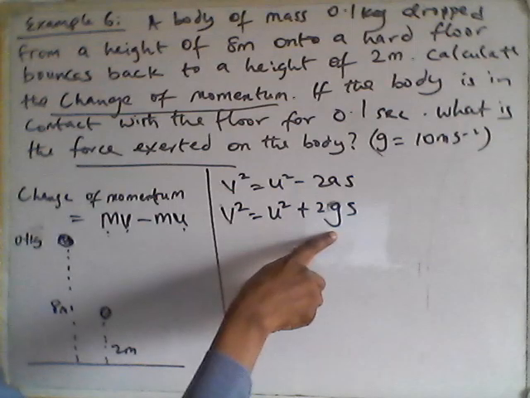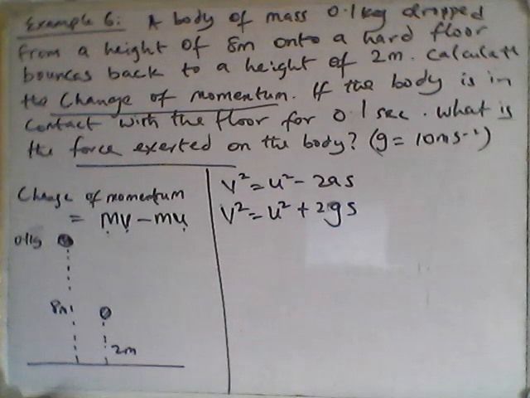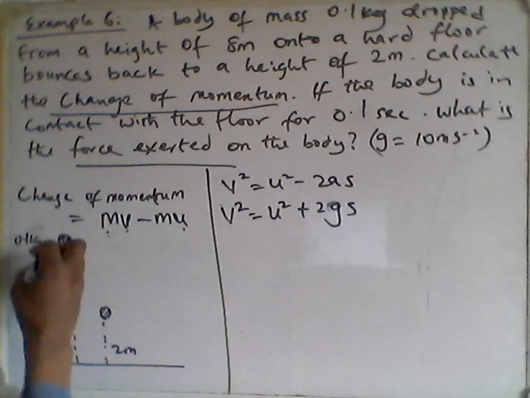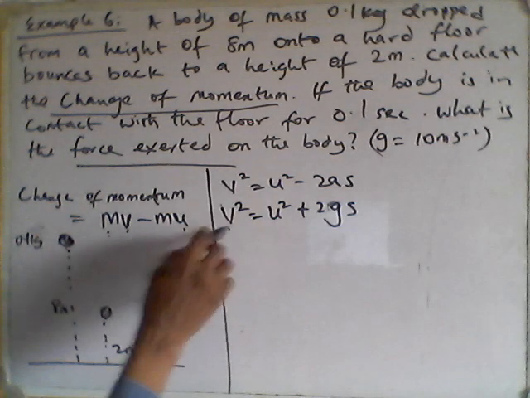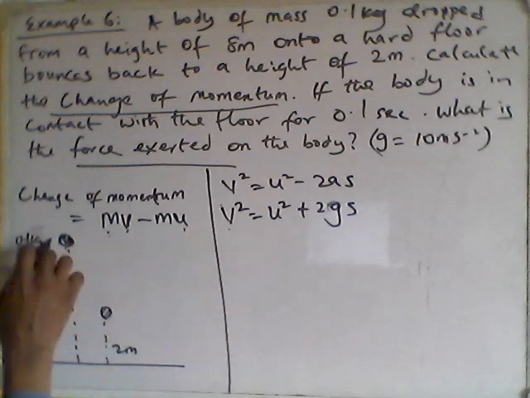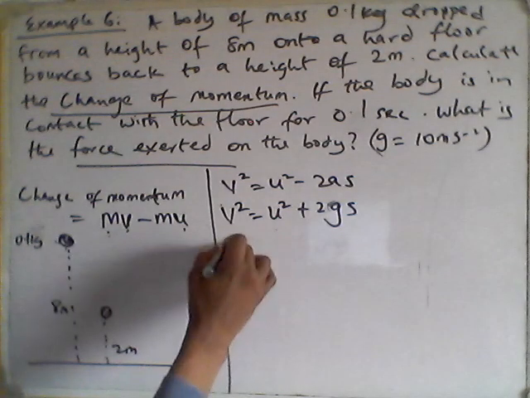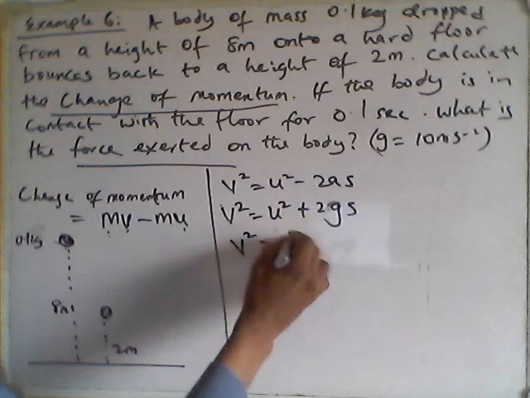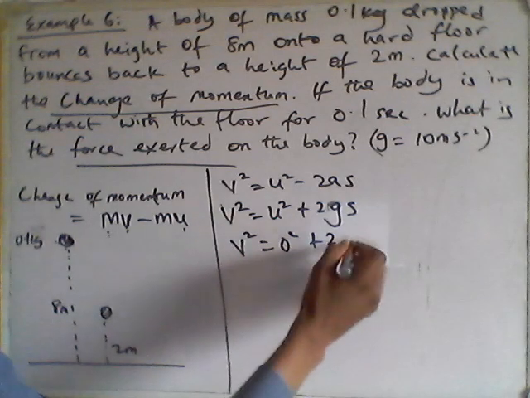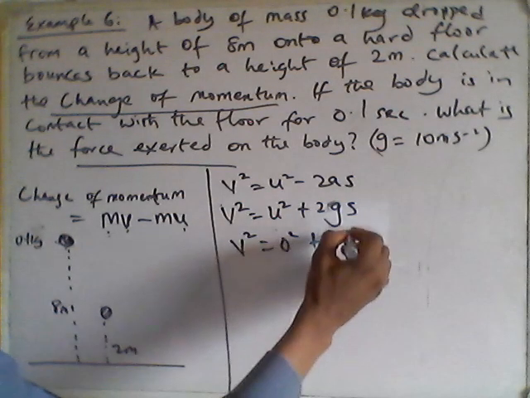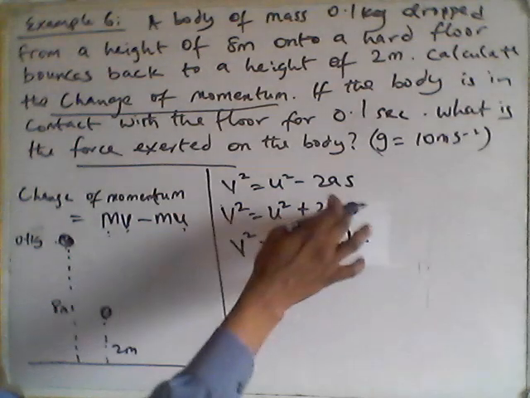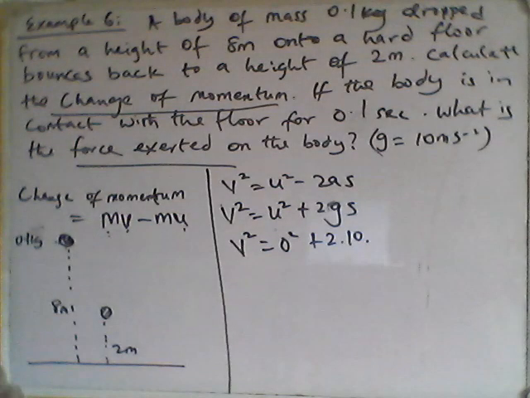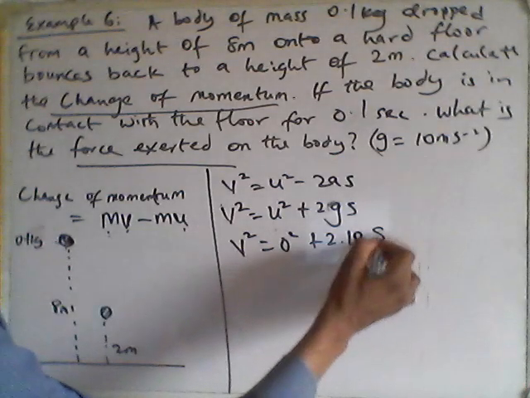Now, at this height u is equal to 0. So V is what I'm looking for, and u is already 0, plus 2 times g, which is 10, times s. S is the distance, so the distance for this particular instance is 8.